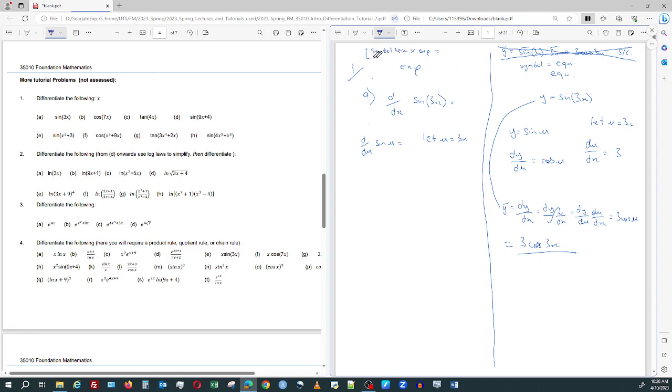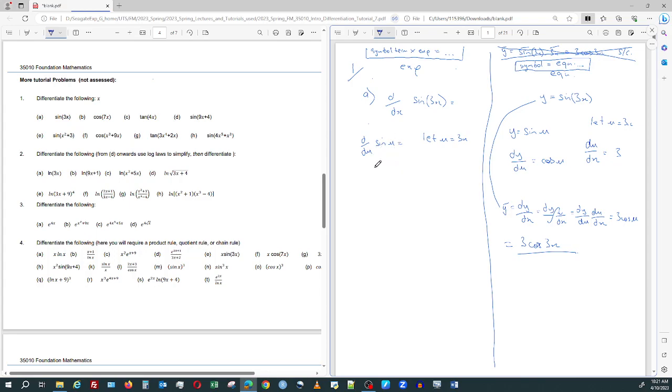Now, it's just a subtle thing, but I want you to try and remember that there is a difference. I put the equals there. I've not written d du equals, I've just said this equals.